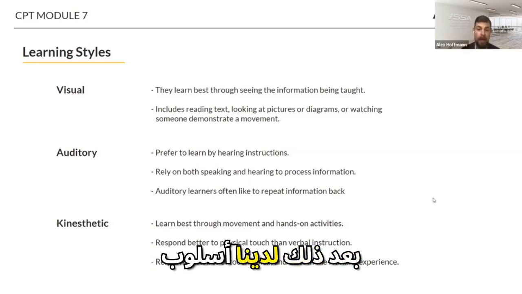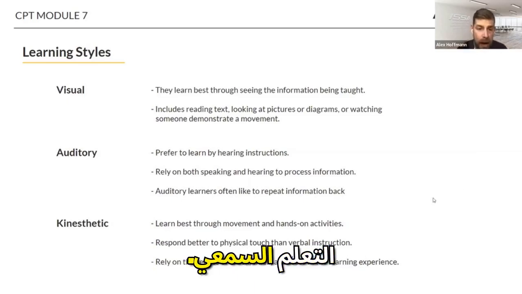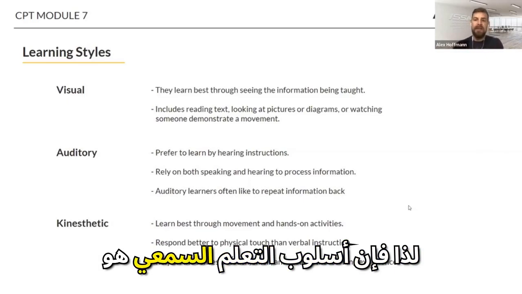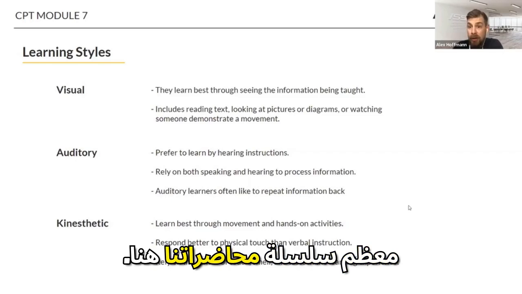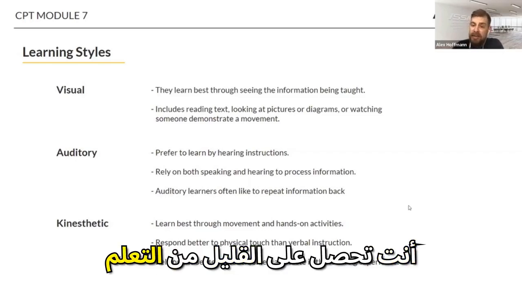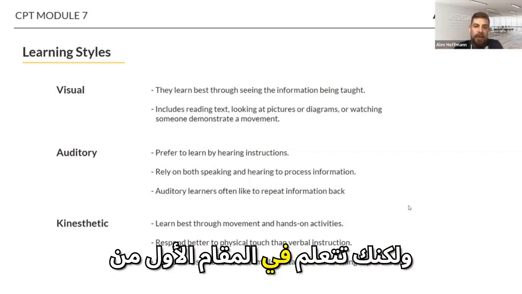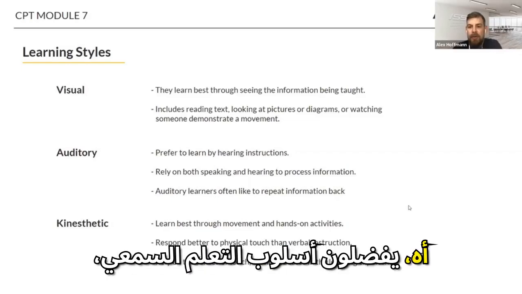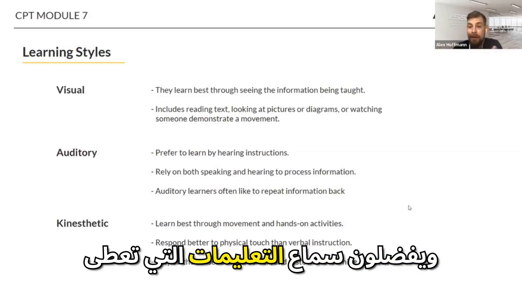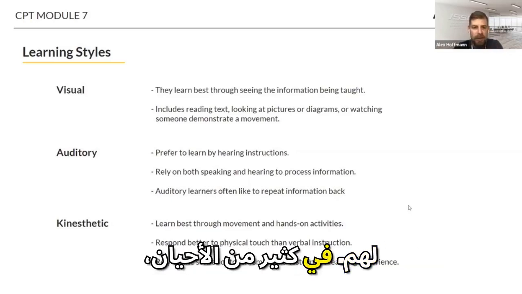Next up, we have the auditory learning style. So auditory learning style is really how we're conducting most of our lecture series here. You're getting a little bit of visual learning with the slides, but you're primarily learning through verbal instruction here. And so people who prefer an auditory learning style prefer to hear the instructions that are given to them.